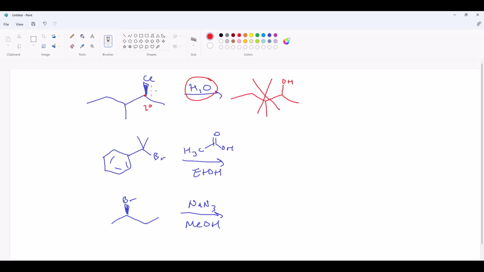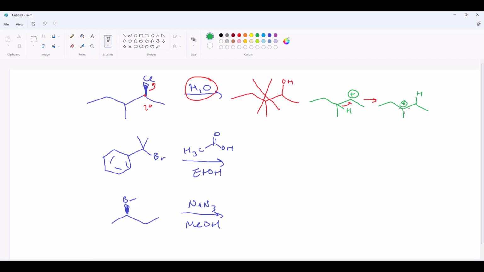If we look at the mechanism, we see that our intermediate is going to be this carbocation here, but we have a hydride right next to it that can shift and create a tertiary carbocation. So we've moved the hydride here, and we have a tertiary carbocation.